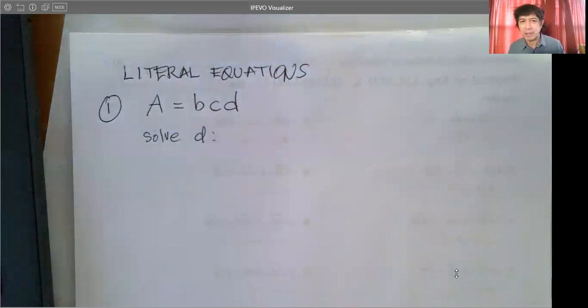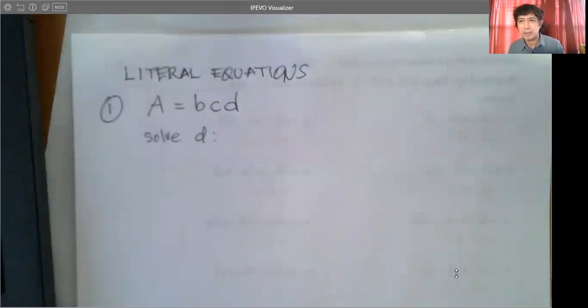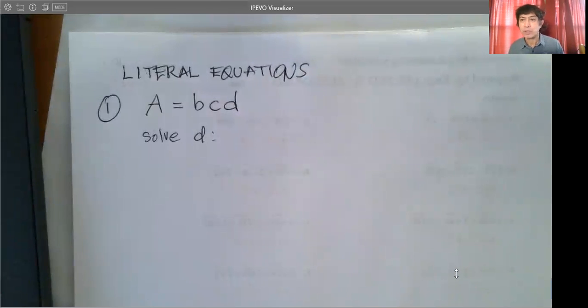So this is the given: A is equal to B times C times D. Now the question is, what should be our first operation so that we will be able to solve for D? We have four variables there: the capital A, the small b, the small c, and the small d.